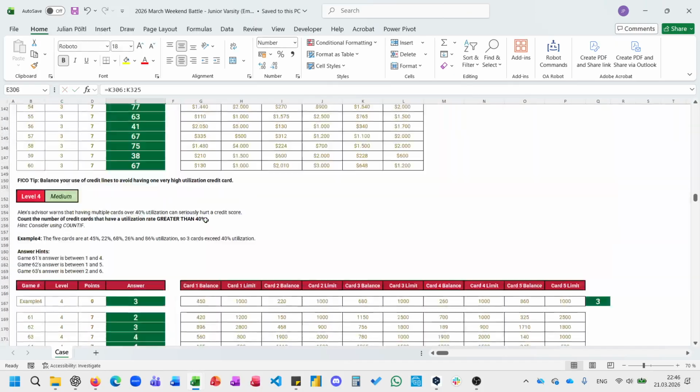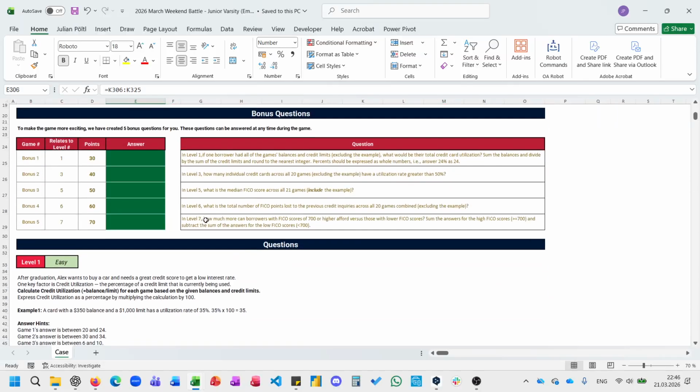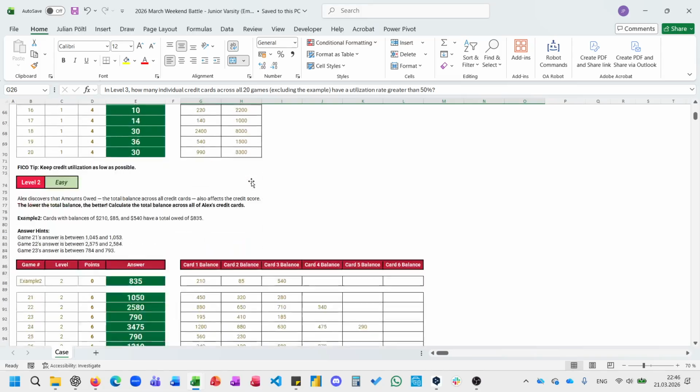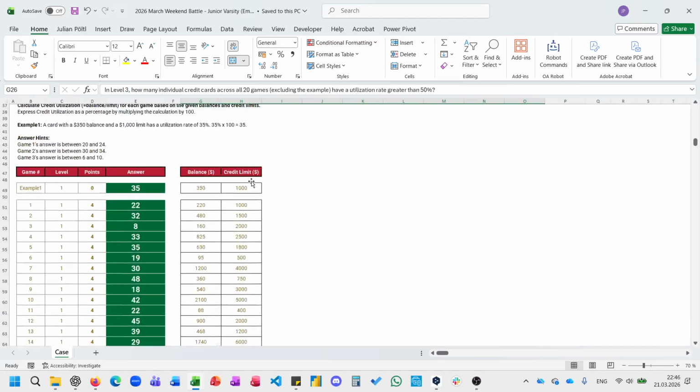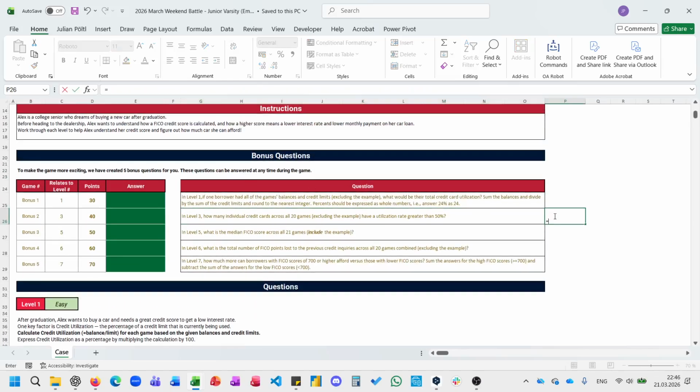Okay. Bonus questions. How many individual credit cards with utilization rate greater than 50? Okay.